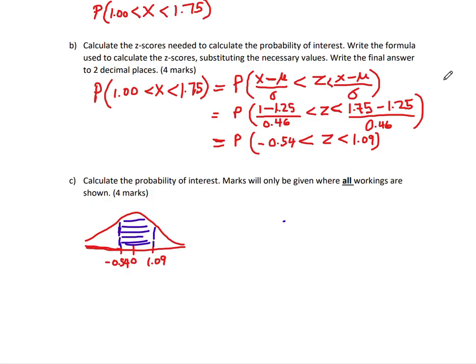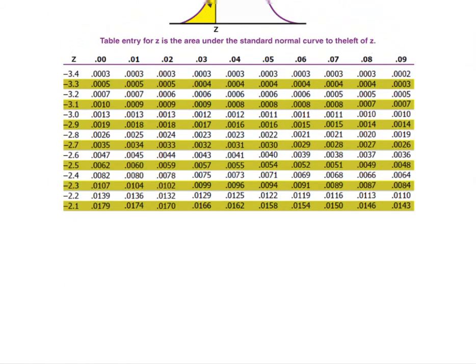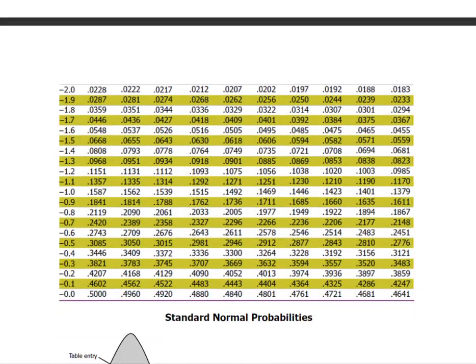And to find this area of interest, we're going to take the Z table reading for the higher value, and the Z table reading for the lower value, negative 0.54. Let's see what they are. We go to the standard normal table, looking for negative 0.54 firstly.